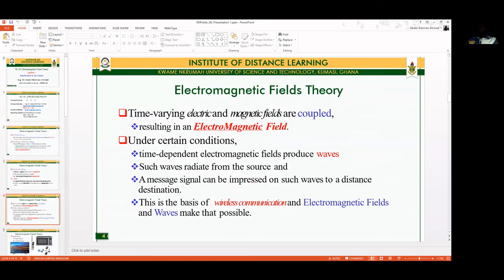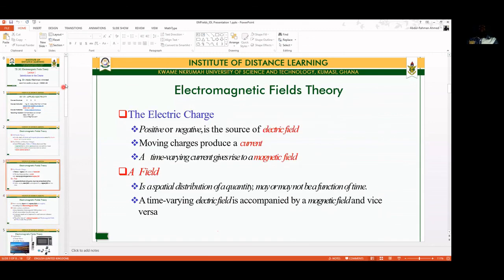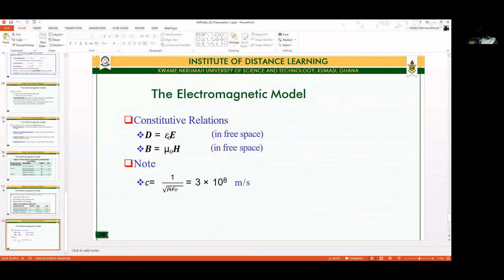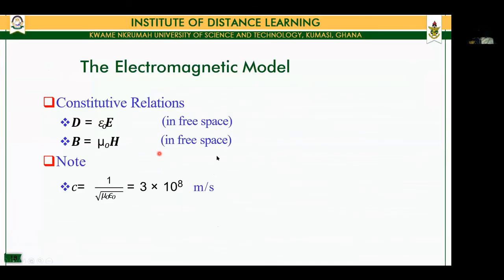So this is the initial introduction that we have of the course. When we start the next topic, which is the static electric field, then we will discuss the rules of operation in that field as well as the fundamental postulates.